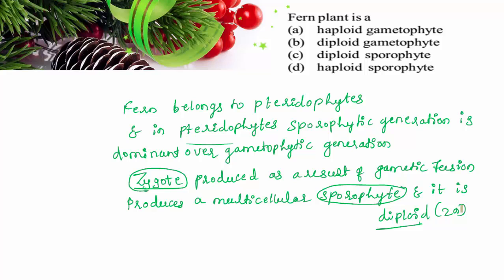Fern plant is a haploid gametophyte, diploid gametophyte, diploid sporophyte, haploid sporophyte. So in the given question, the mentioned term is fern. So which group of plants are ferns?